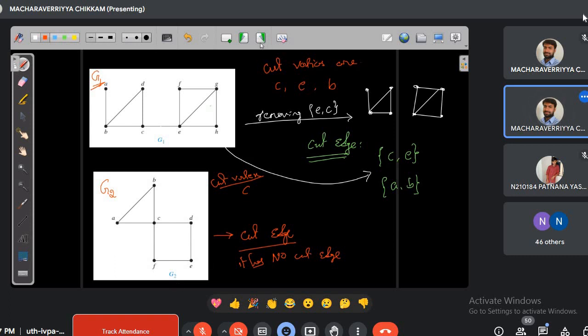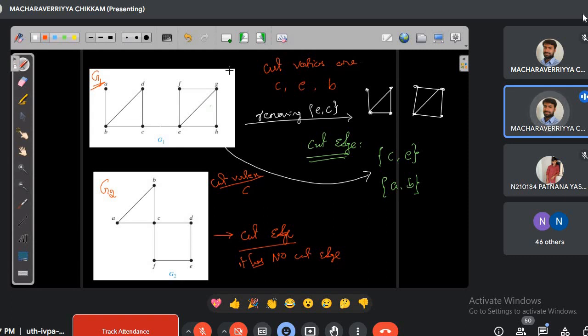All right. Even we can discuss edge connectivity also. Edge connectivity means the minimum number of edges to be removed so that the graph becomes disconnected. Like the vertices case, the same analogy we'll take here.